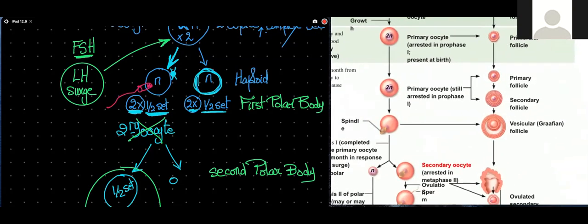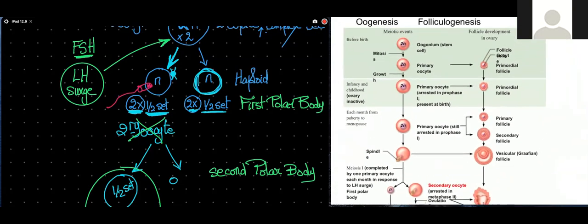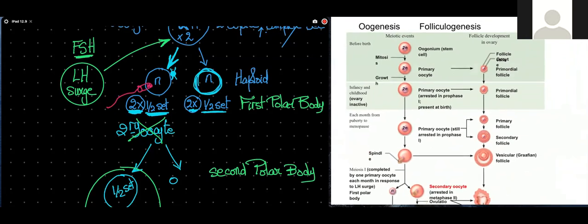So looking at the oogenesis and folliculogenesis side by side. Again, during fetal life, before birth, we've got the oogonium. It's going to be dividing by a mitotic division into primary oocytes.